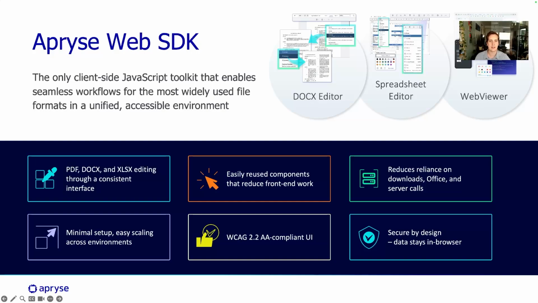And these different modules are using the same front-end components, meaning if you were to move between WebViewer and DocX Editor, it's going to reduce the load required to make that work. But also, using the same components means that we're going to reuse a lot of the same iconography, it's going to be the same design language, and it's going to benefit from having some of that overall accessibility design.